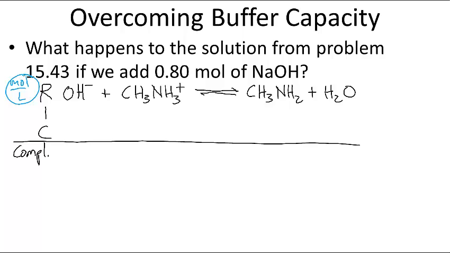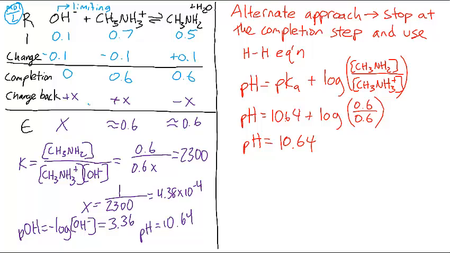All right. So now my initial concentration of CH3NH3 plus is still 0.7, CH3NH2 still 0.5, and OH minus is now 0.8. How is this definitely different from before? Yeah, before OH minus was the limiting reactant, so I used up all of it.